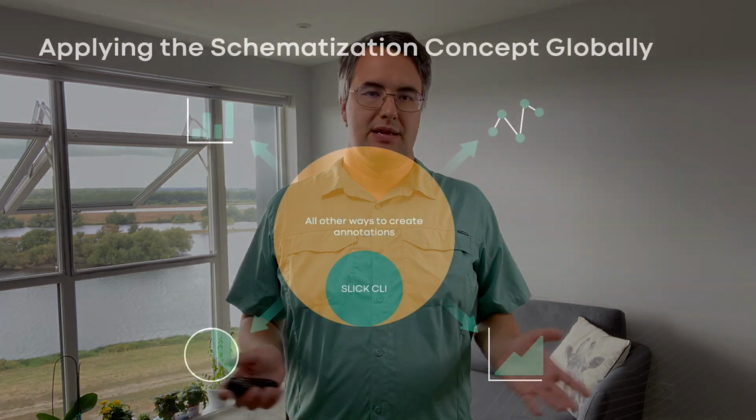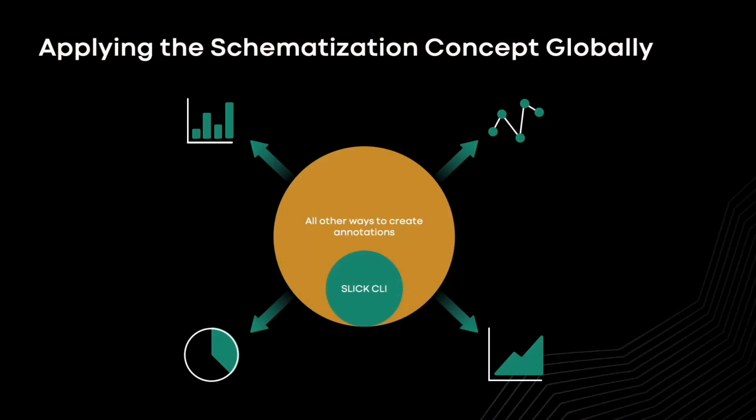Thanks, Keshav. Once the Instagram team implemented the support of schematized annotations in Slick config and in Slick CLI, the Slick team thought that this concept could be taken further by using the data from those user annotations.